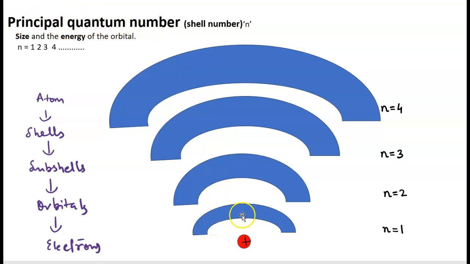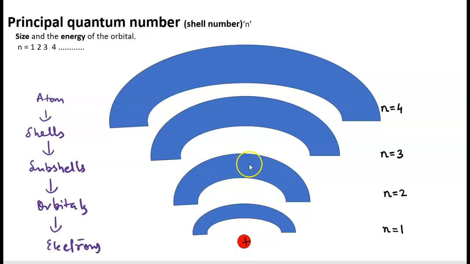So if n is equal to 1, if we are talking of an electron present in an orbital in the first energy level, then the orbital will be small in size since it is closest to the nucleus, and its energy will also be less when compared to the orbital present in the second energy level.